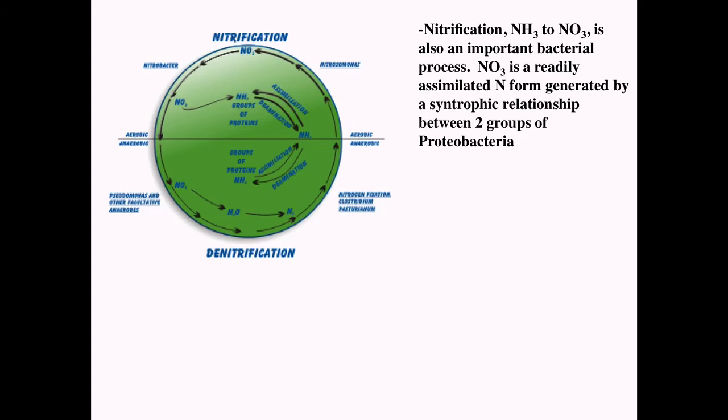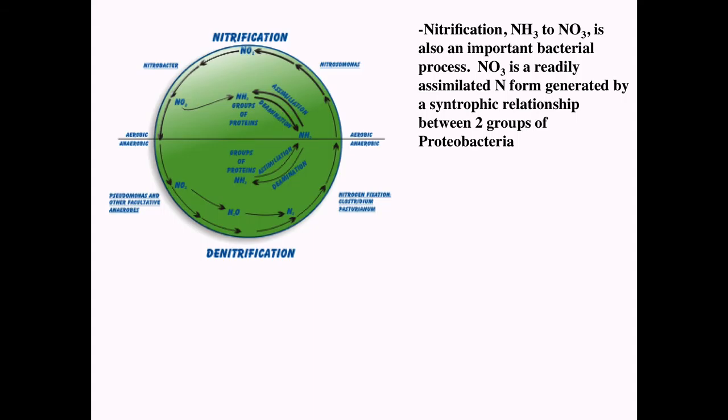Now, the process of nitrification, so I want to talk about first, is where ammonia, we just talked about the generation of ammonia in nitrogen fixation, is now turned into nitrate. That's the top half of this circle. It is the process where, under aerobic conditions, two certain groups of bacteria will collaboratively take ammonia all the way to nitrate.